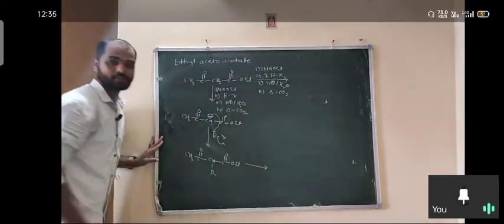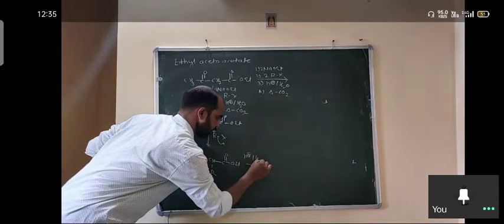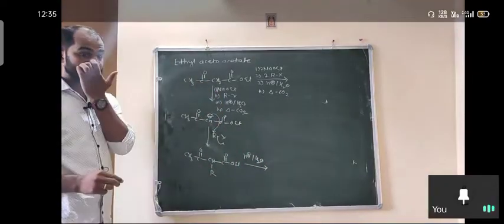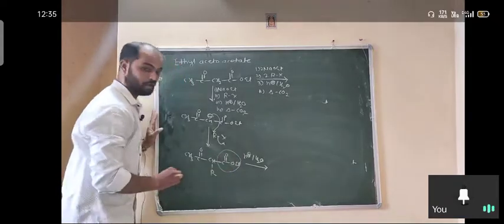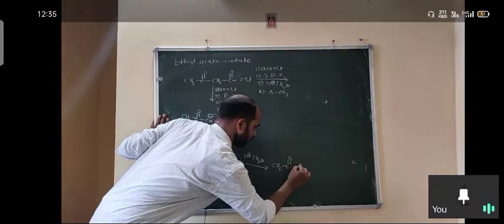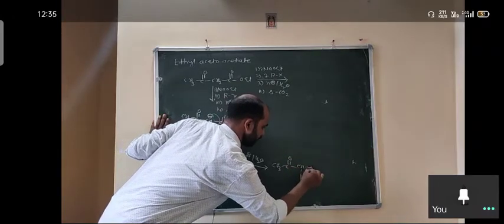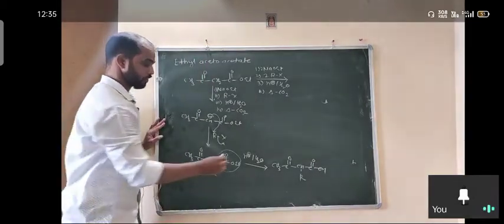Third reagent given is H plus H2O. H plus H2O means this will be hydrolyzed. So CH3 C double bond O CHR C double bond OH. It is converted into acid. What is the fourth?